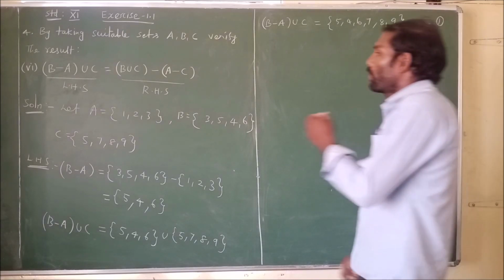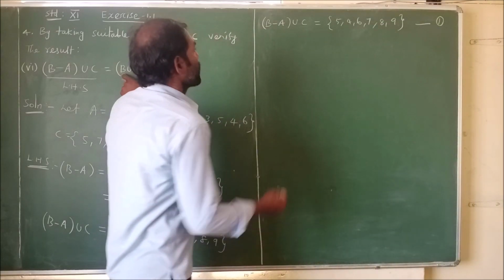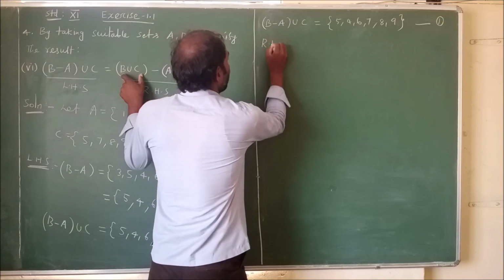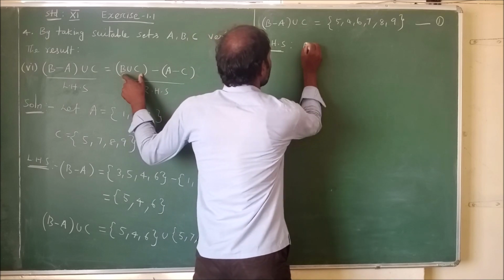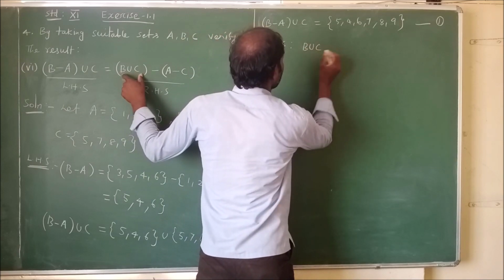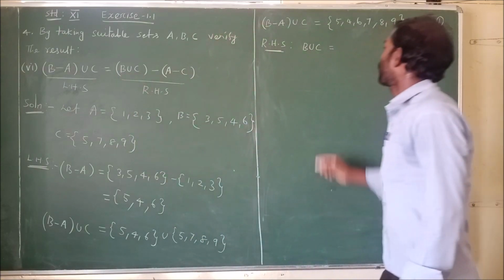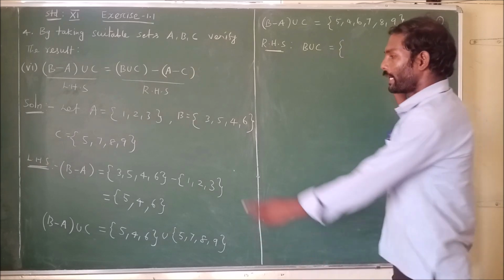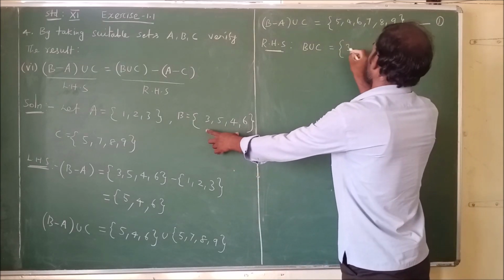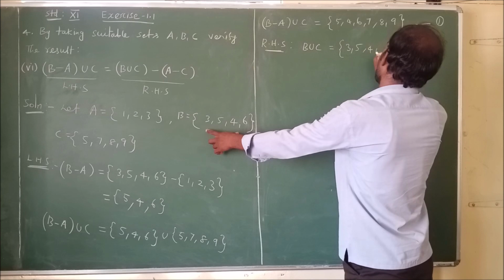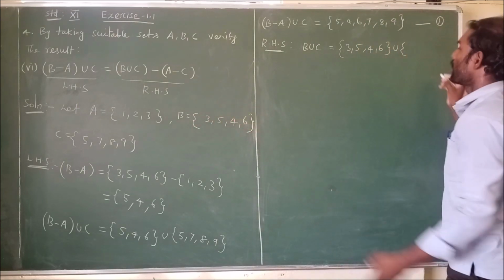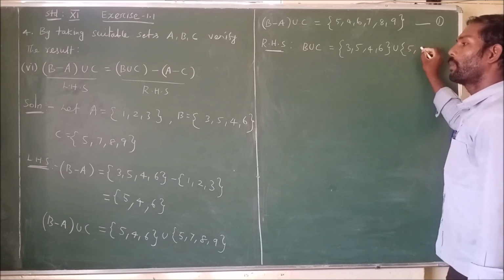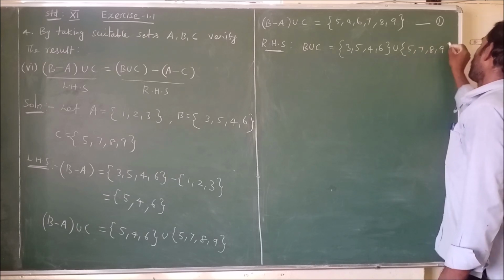Now for the RHS we have to find B union C. B union C equals the set of B entries, {3, 5, 4, 6}, union C, where C is {5, 7, 8, 9}.